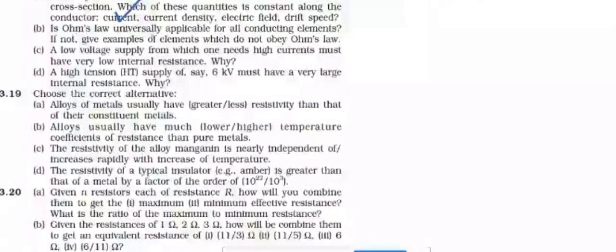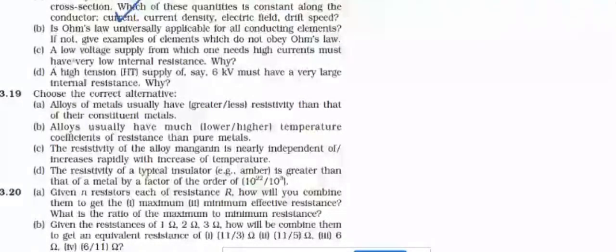Then, is Ohm's law universally applicable for all conducting elements? Answer is no. The deviations from Ohm's law we have already discussed in the chapter. If not, give examples of elements which do not obey Ohm's law. Gallium arsenide, semiconductor diode, all these examples we have seen in the theory part.